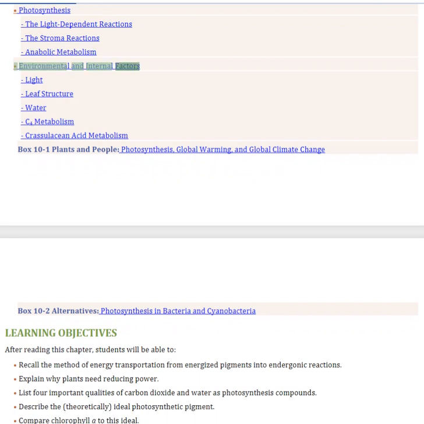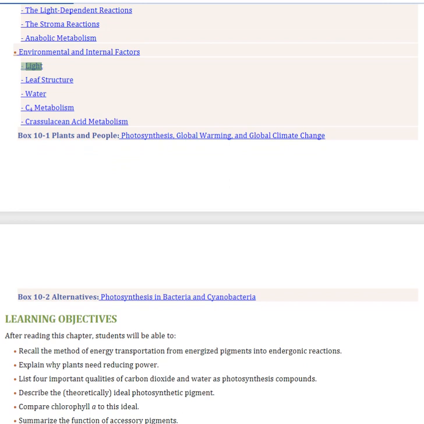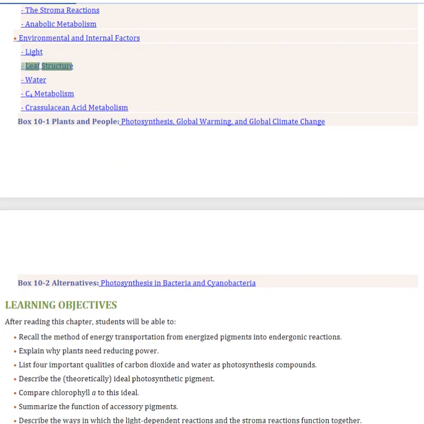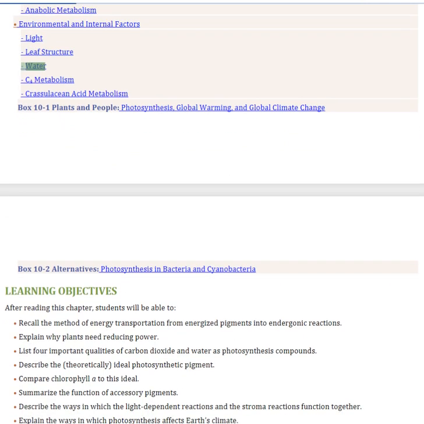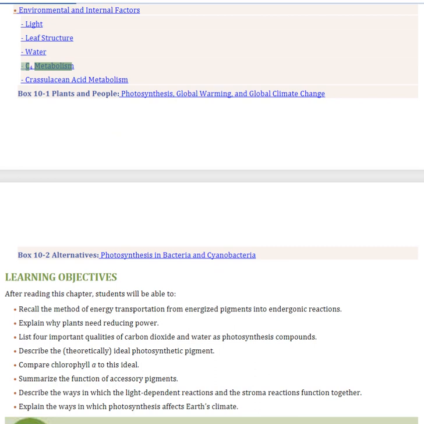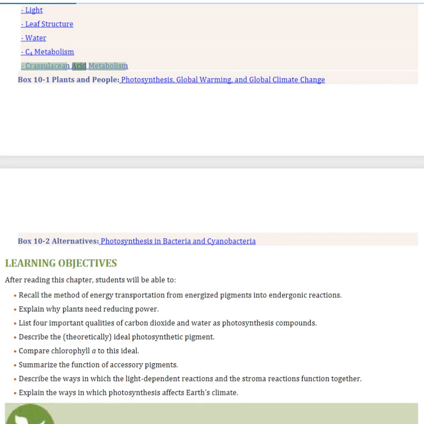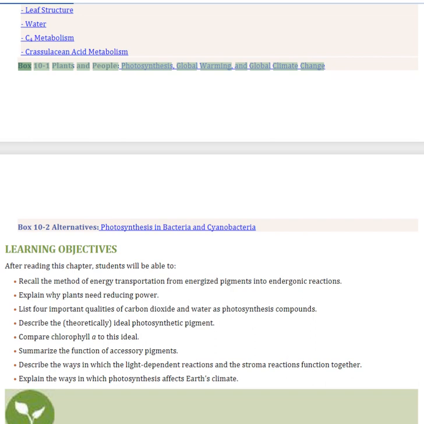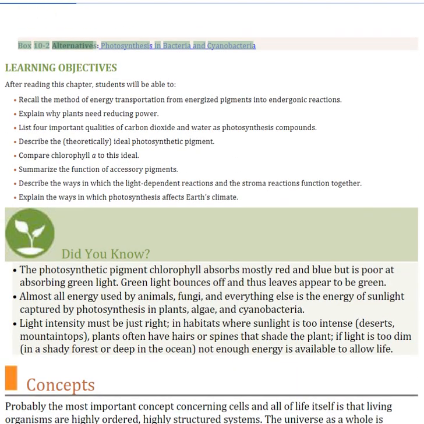Environmental and internal factors. Light. Leaf structure. Water. C metabolism. Crassulacean acid metabolism. Box 10-1 Plants and people, photosynthesis, global warming, and global climate change. Box 10-2 Alternatives, photosynthesis in bacteria and cyanobacteria.